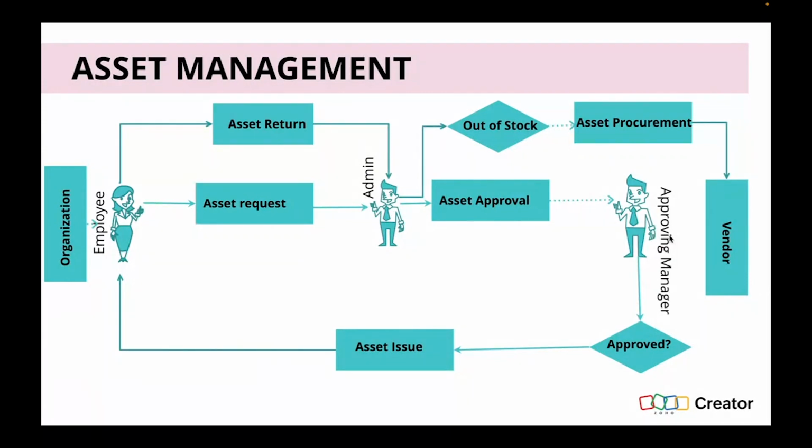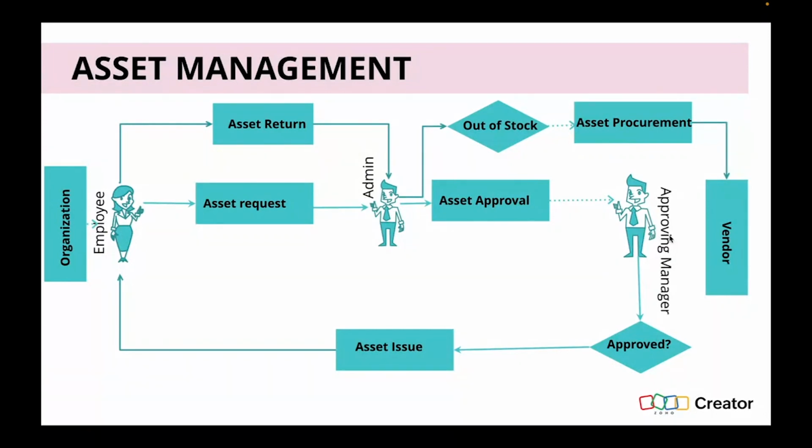So the first process before raising the request is the asset procurement. Any company, it could be any type of asset. It could be hardware or software. It could be any electronic equipment that is required for the company. It could be furniture. So whatever is required for the company or the organization will be procured using this asset procurement module.